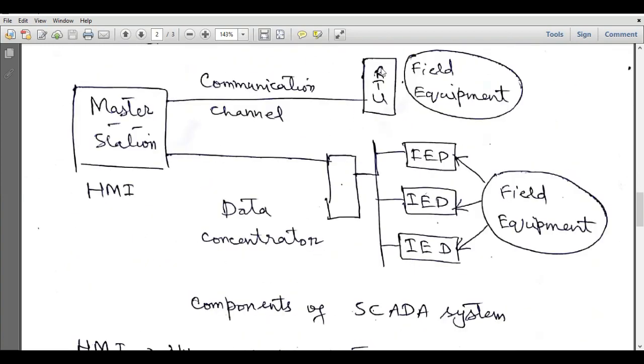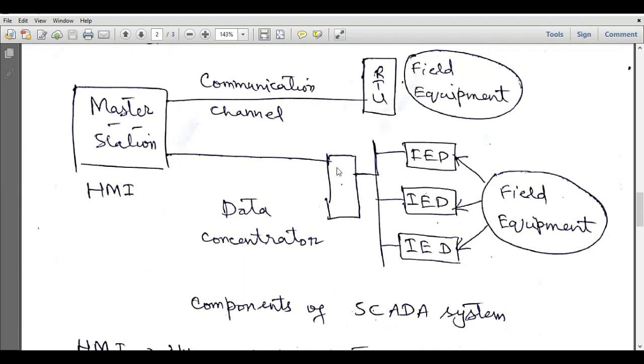RTUs, or remote terminal units, are actually the old technology. Currently, modern SCADA systems use intelligent electronic devices. They are more efficient as compared to RTUs, and they work in groups. You can see the same master station can be interfaced with the intelligent electronic devices.